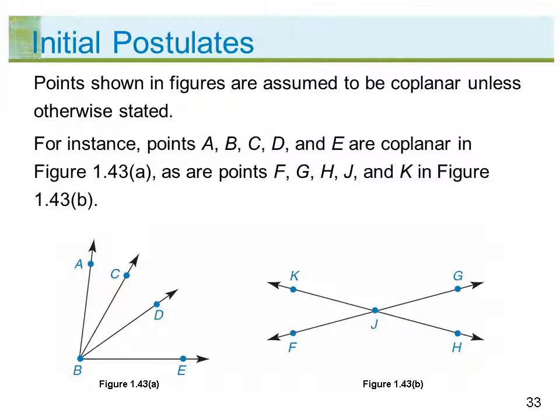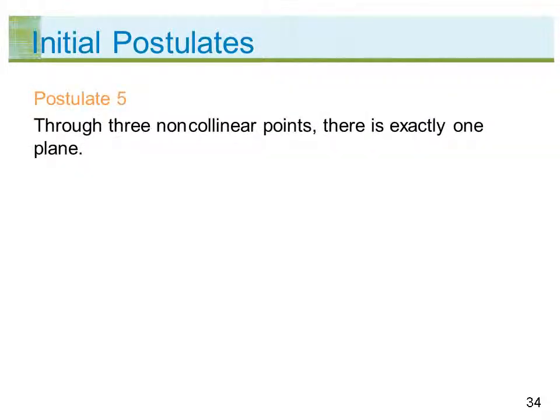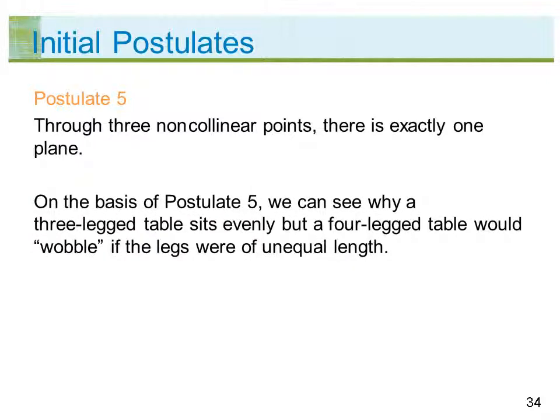For instance, points A, B, C, D, and E are coplanar in Figure 1.43a, as are points F, G, H, J, and K in Figure 1.43b. Postulate 5. Through three non-collinear points, there is exactly one plane. On the basis of Postulate 5, we can see why a three-legged table sits evenly, but a four-legged table would wobble if the legs were of unequal length.